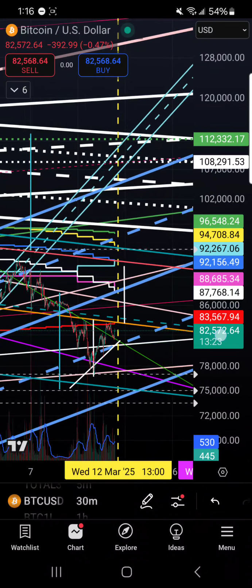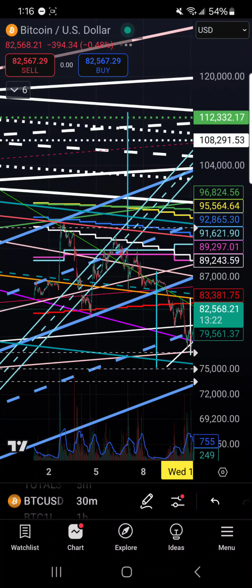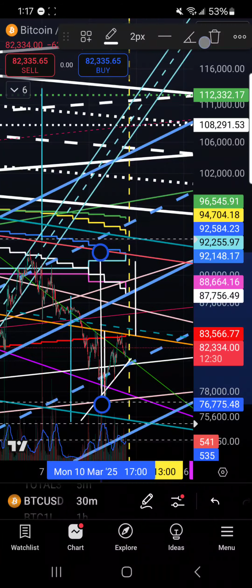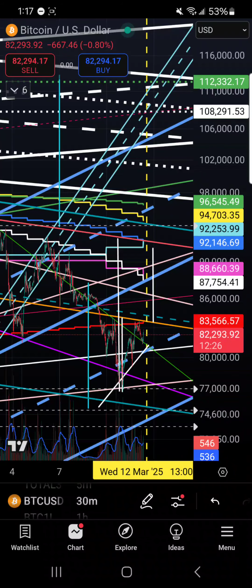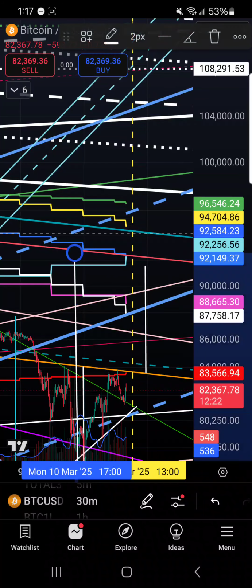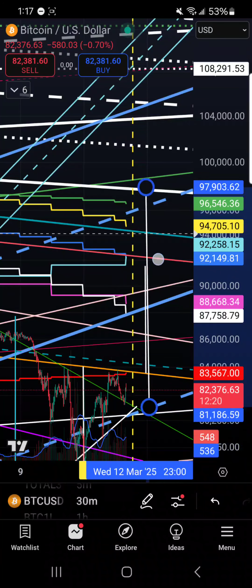Now, what would be the target from our ginormous head and shoulders? Let's figure that out. So there's the target I just drew, and I'm going to grab it. I can't grab it. Yeah, I grabbed it.